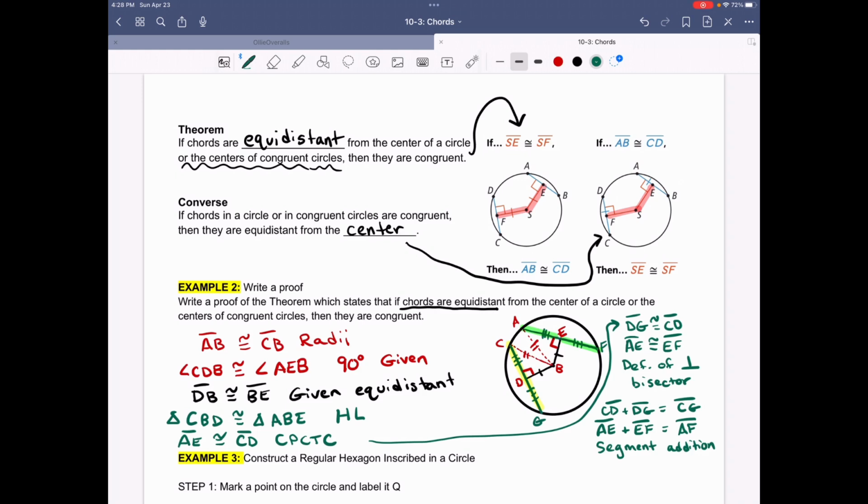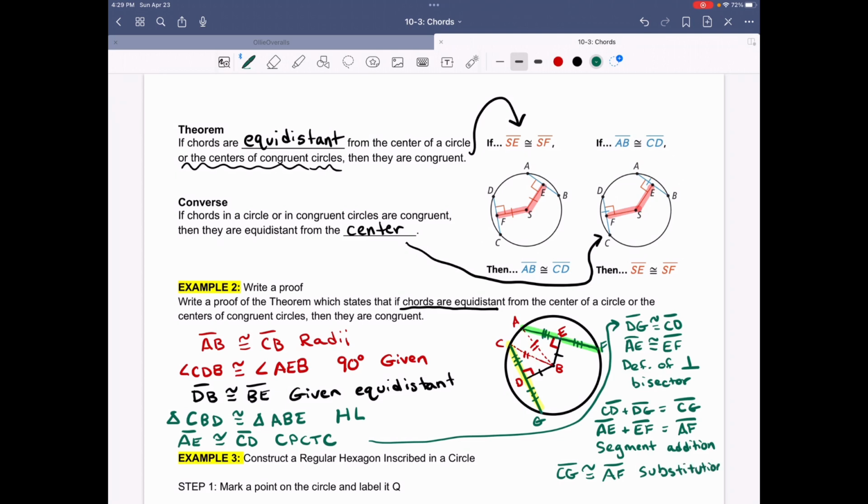Now by substitution, if we substitute in the pieces from above, then we can say that CG is congruent to AF. So I'm just saying a bunch of things and that's allowed. This was by substitution, and then that proves it.